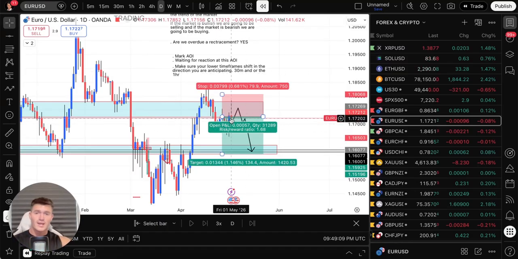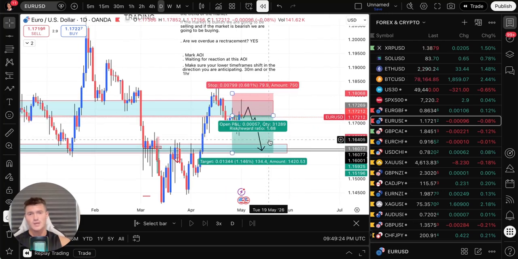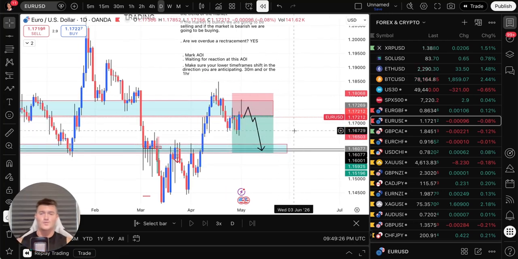But yeah, so this is what I anticipate for this upcoming week. Little pullback, retest this structure point here, come back down, break below this area of interest again, retest, then continue to the downside, giving us the full move of the market. So that's what we are anticipating.